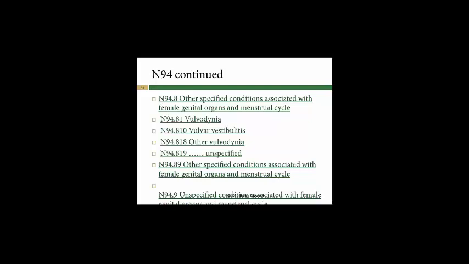Then if we're seeing the patient because they have hyperemesis or they are a gestational diabetic and we're seeing them more frequently because of that, we want to make sure that we're using these specific codes that describe the complication or condition.